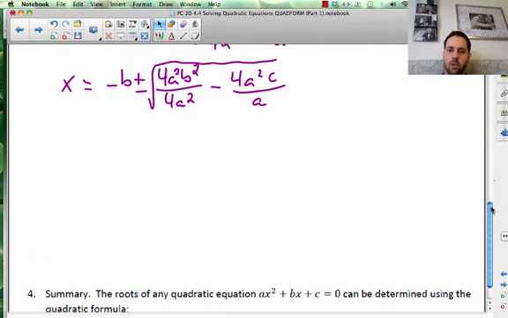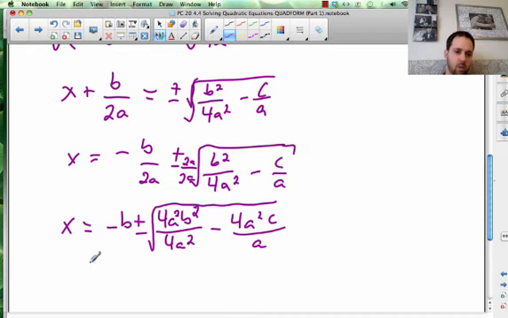And then we have to recall that this whole thing was written over 2a. That was the common denominator that we found here.